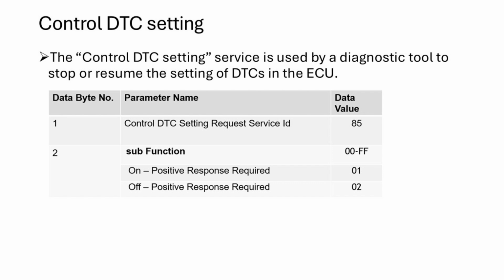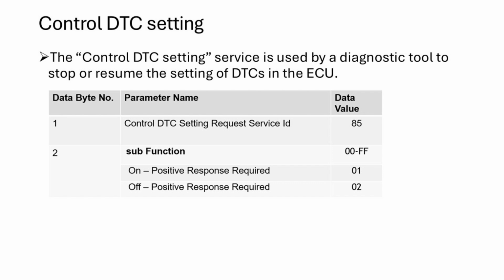So control DTC. The control DTC setting service ID is 85. This service is used by the diagnostic tool to stop or resume the setting of DTCs in the ECU. On positive response is required, off positive response is required. 01 and 02 subfunctions are supported.